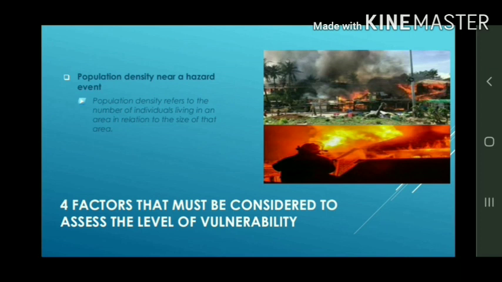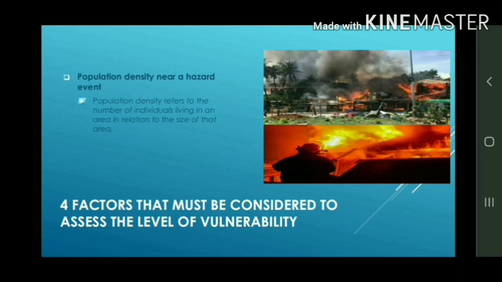At dahil dyan, dagdag pa na nangyari ang sunog sa oras na napakainit ang sikat ng araw, mga alas 2 ng hapon, na nagresulta sa pagkasunog ng mga kabahayan na yari sa light materials or flammable materials na tinatawag. So 2,000 tao ang nawalan ng bahay.